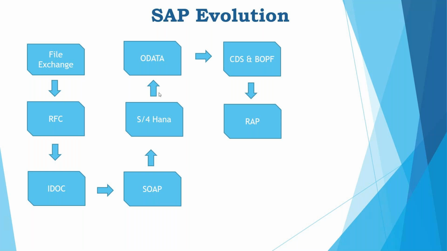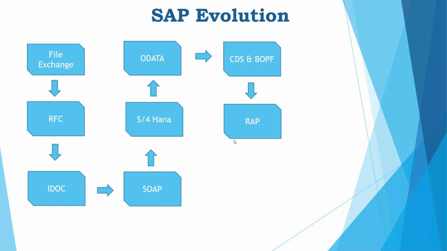Now, the diagram which I'm showing is from the SAP traveler's point of view. Many tools have arrived, several techniques were developed, and new concepts emerged in the context of interfaces, integrations, and infrastructures in SAP.